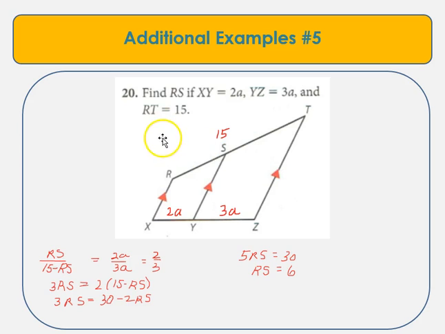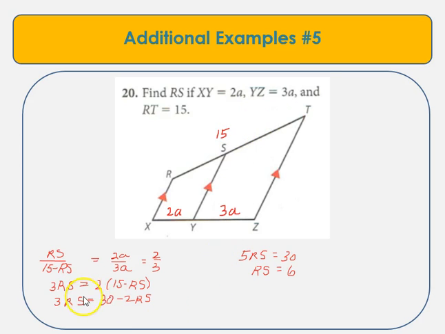Here's a last example. It's a little more complicated, but only because it's not a triangle. It's actually a quadrilateral. But these are parallel lines, so we can use these theorems. And we are asked to solve for RS if XY equals 2A and YZ equals 3A and the full length RT equals 15.